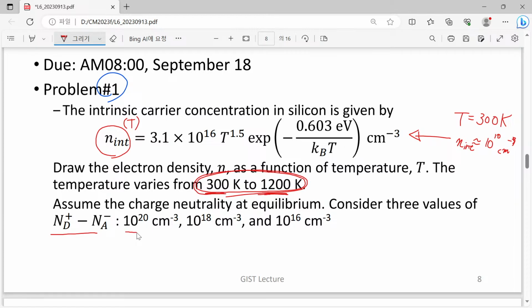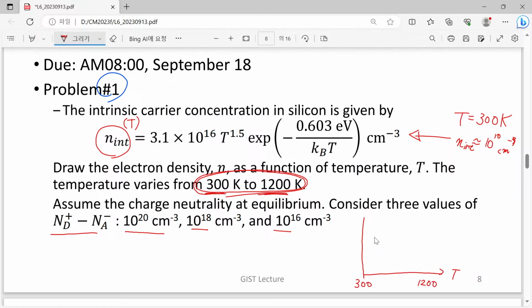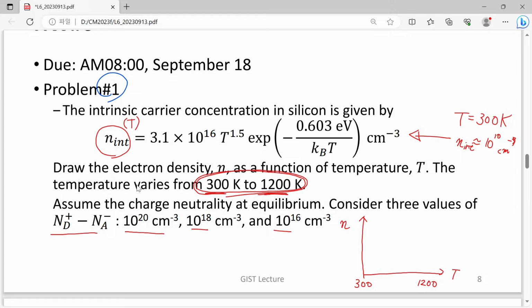So here we have 3 different values. Then what I wanted to ask you is this. As a function of temperature, you increase the temperature from 300 Kelvin to 1200 Kelvin. Please calculate your electron density. Then you will have 3 curves.